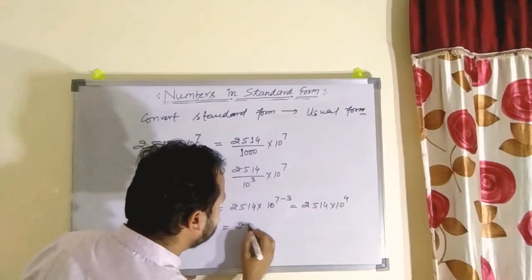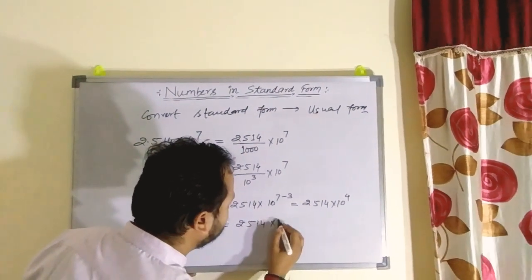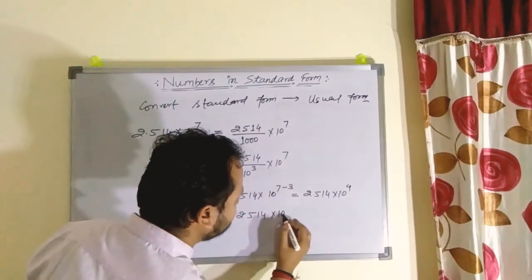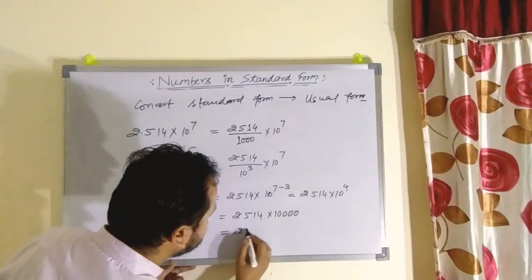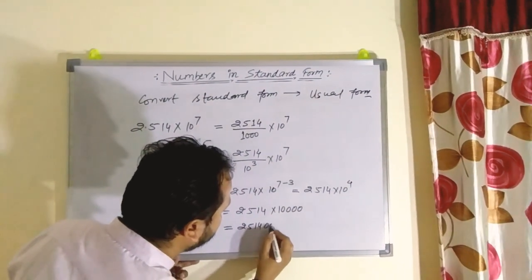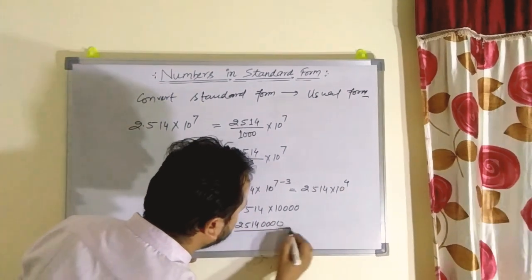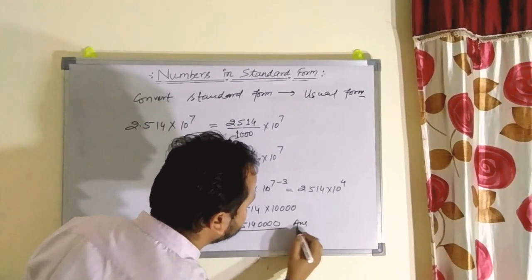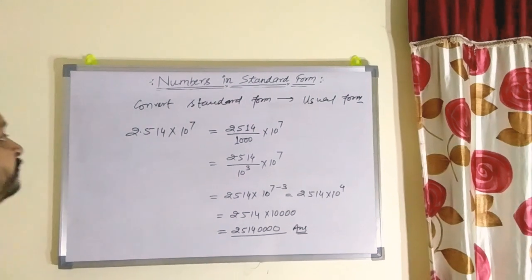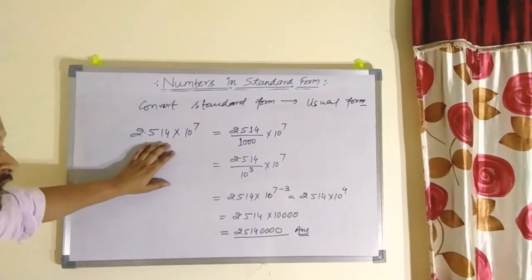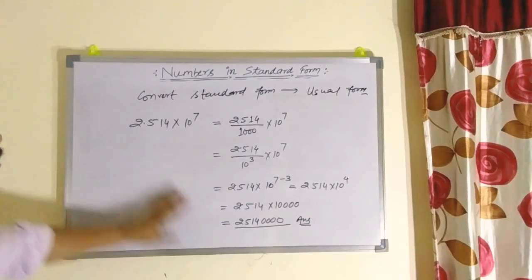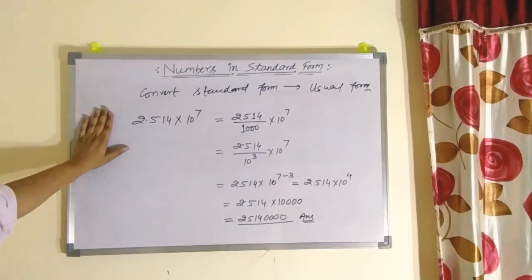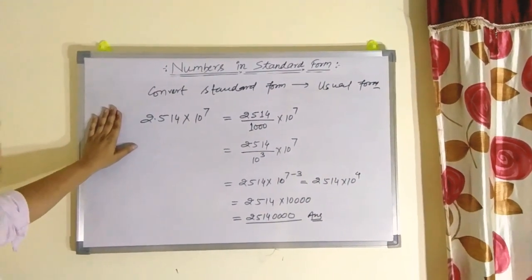You can write it as 2514 followed by 1, 2, 3, 4 zeros. Right? This is your answer. So this is the standard form and this is the usual form. So these numbers are very large numbers.